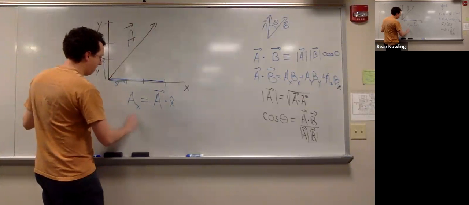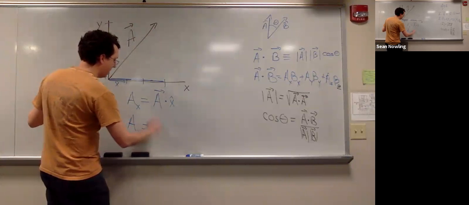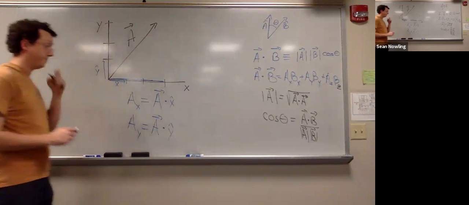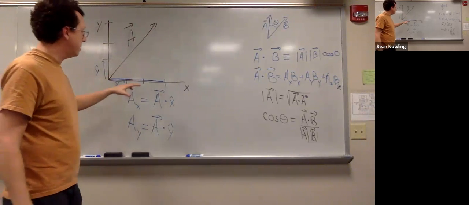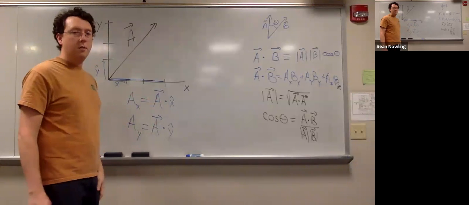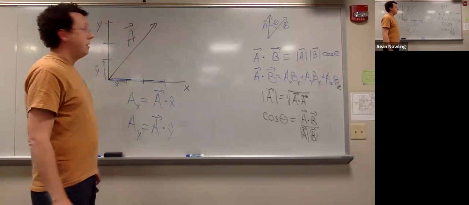We learned that the y component is A dot y hat. So you can use dot products with unit vectors to pick out components of vectors. Very good.